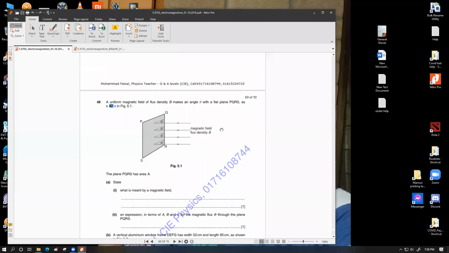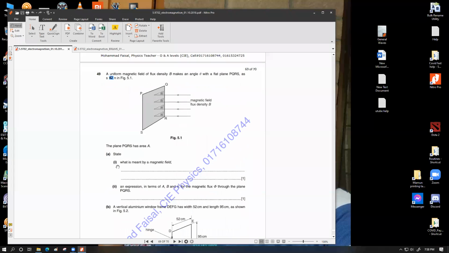So here we have some magnetic flux density and the angle it makes with the surface, theta. The plane PQRS has an area of A. State what is meant by magnetic flux, especially in terms of A, B, and theta. The magnetic flux phi through the plane PQRS.